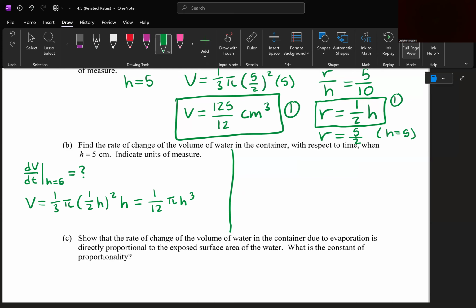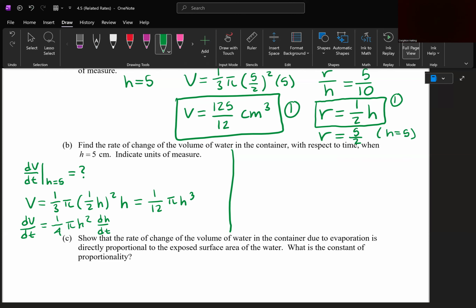Now I have a formula that has only an H on the right side. So when I take the derivative and I get that dH/dt into the mix, then I actually know all those values, so it'll be really easy. If I take the derivative with respect to time, I'm going to get dV/dt equals 1/4 pi h squared dH/dt.